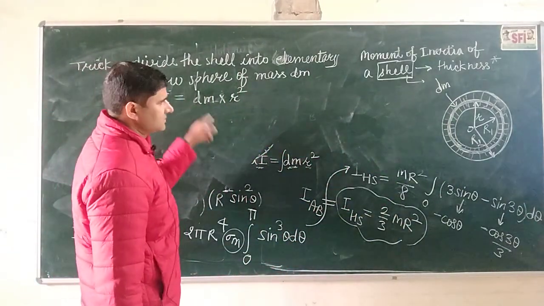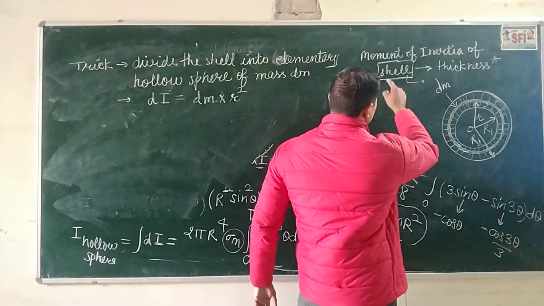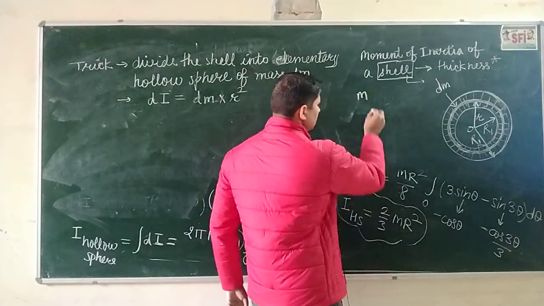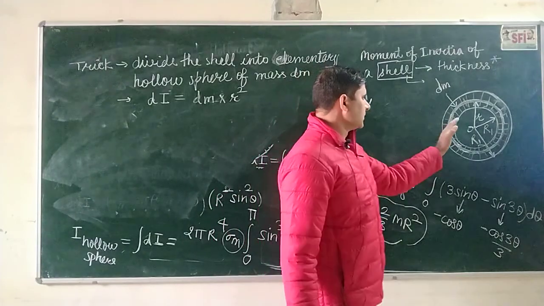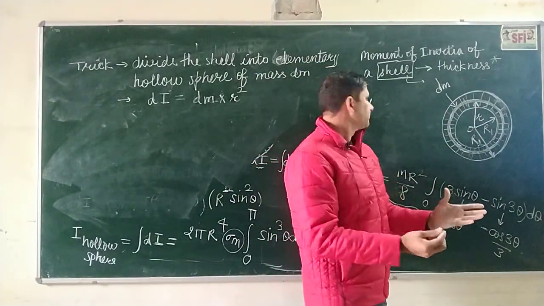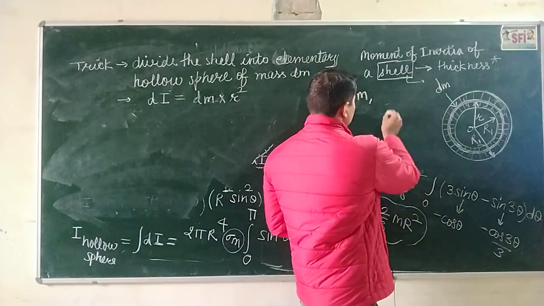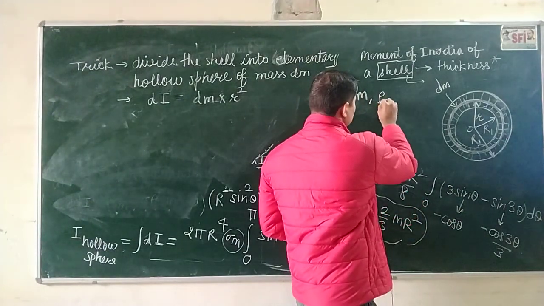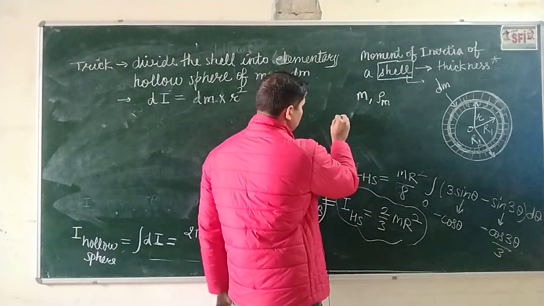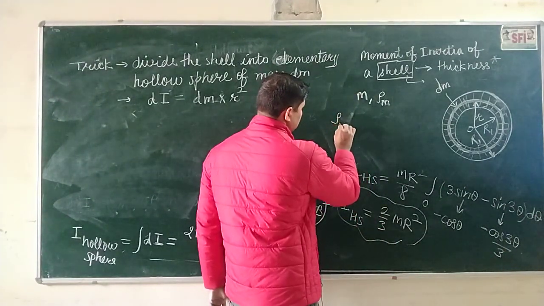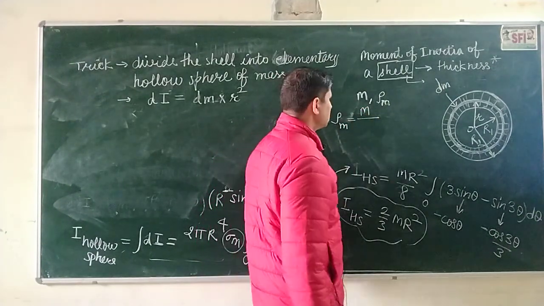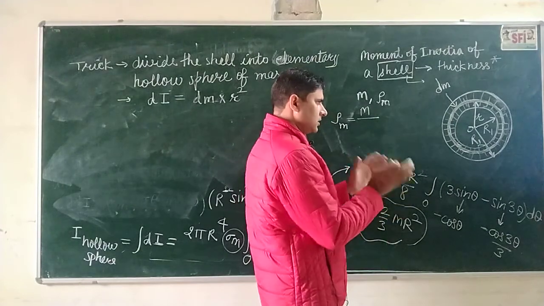Now our task is, let us suppose the mass of this shell is capital M. You have seen here the mass is distributed over a volume, and you have to find the volume mass density. The volume mass density in this case will be equal to the mass of the shell divided by the volume.